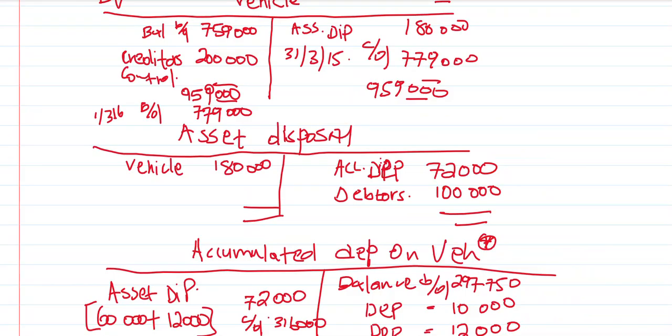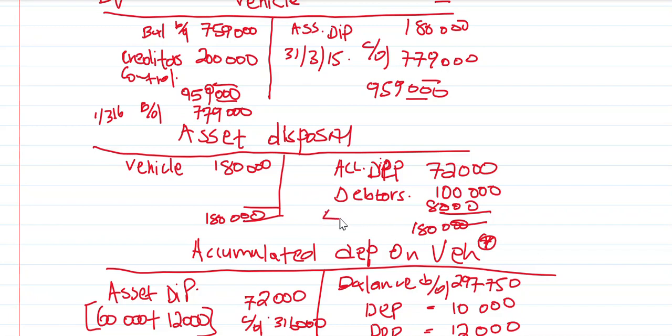Okay, here we are just going to total up our price here. It's gonna be 180,000, because debit is bigger than the credit. So the difference is 8,000. So 180 minus 72 minus 100,000. So it's gonna be 8,000 rand.